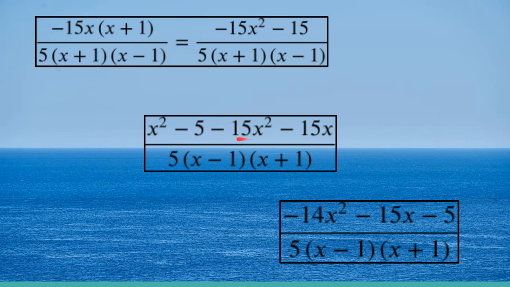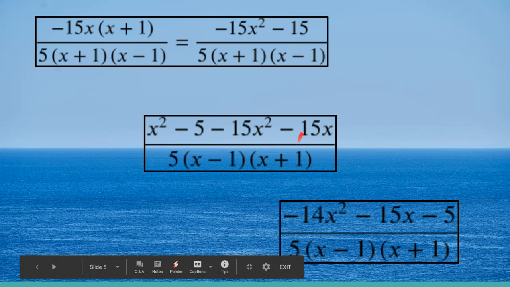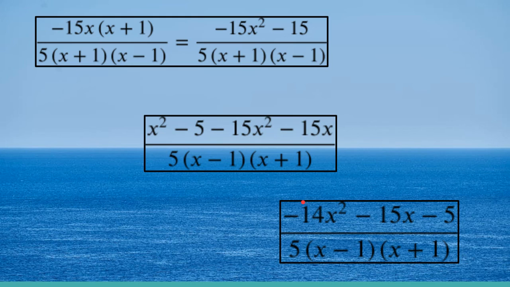Negative 15x squared plus x squared equals negative 14x squared. Negative 15x stays because it has no like term, and negative 5 is just negative 5. The bottom stays factored. So this is the answer: negative 14x squared minus 15x minus 5 over 5(x minus 1)(x plus 1).